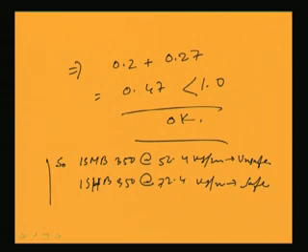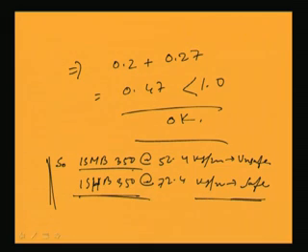So we have to be a little bit cautious about selection of the section. Same size of section with ISHB is safe, whereas ISMB is unsafe. In this way we can try and find out a suitable section which will be economical in terms of material cost, and then we can design the appropriate section. So in this way we can design a beam column.